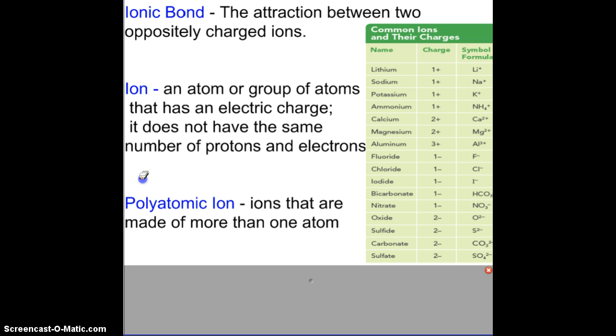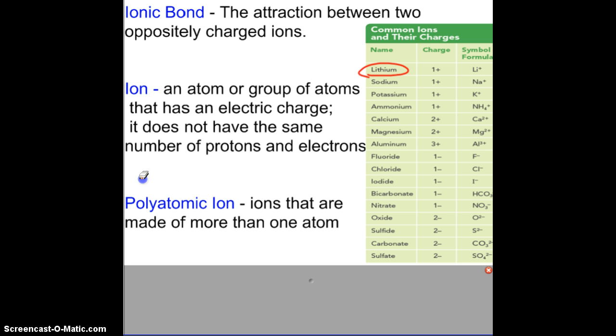So there's this kind of graph over here to the right. That's in your book, so you do not need to copy it down. But there's a list of different types of ions out there. If you remember our conversation from yesterday, is lithium a metal or a non-metal? Lithium is a metal. What do metals like to do with their electrons?